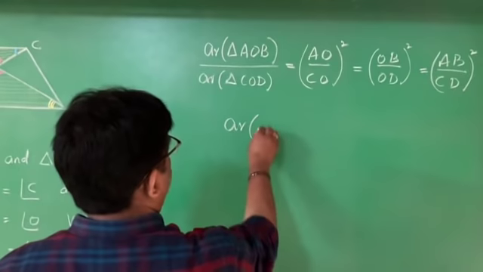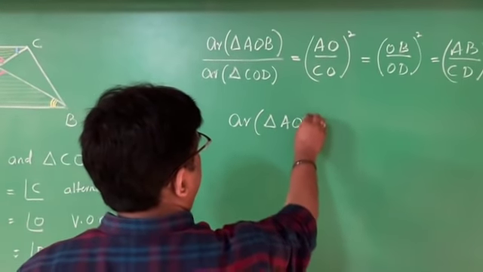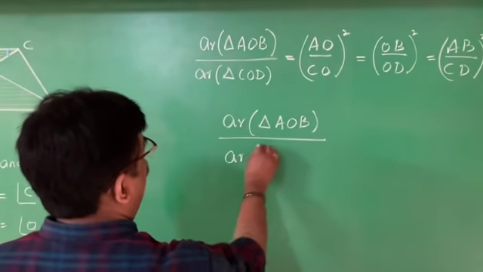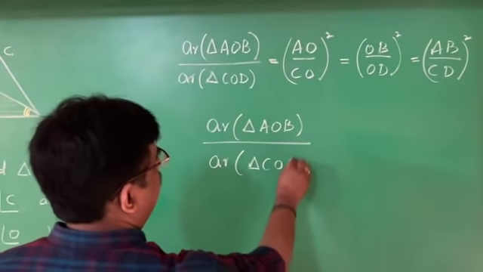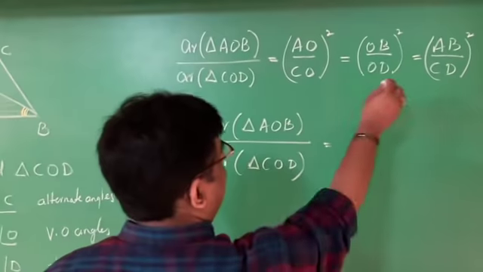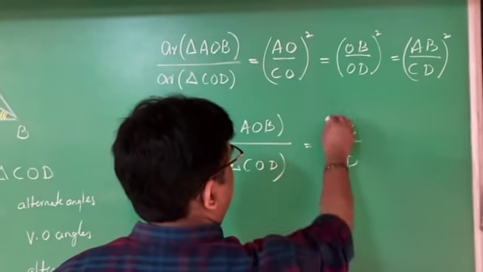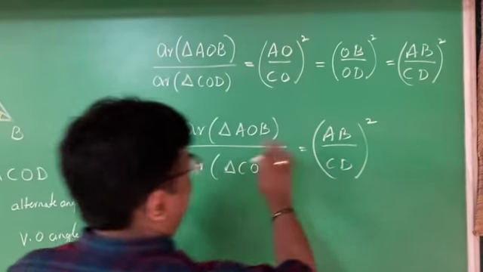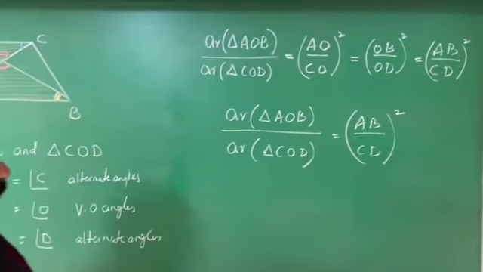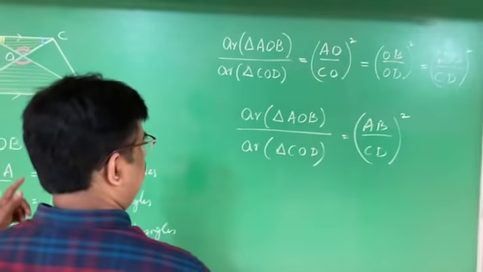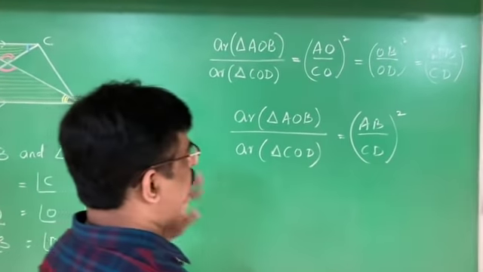Area of triangle AOB. He wants the ratio of the areas. Therefore, I take the area of triangle COD. Then I select the last one because he has given some sort of relation between AB and CD. This is the relation I picked. Now I wanted to substitute. Simple substitution. What is he given? AB is equal to 2CD.